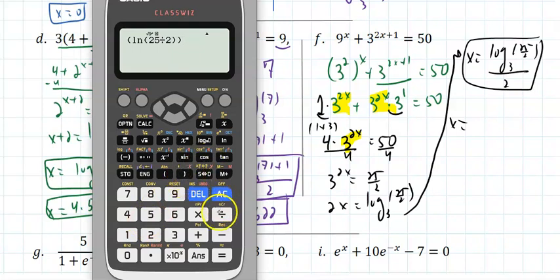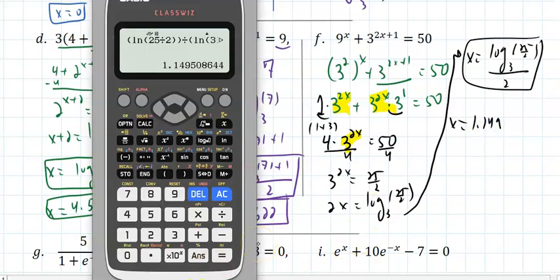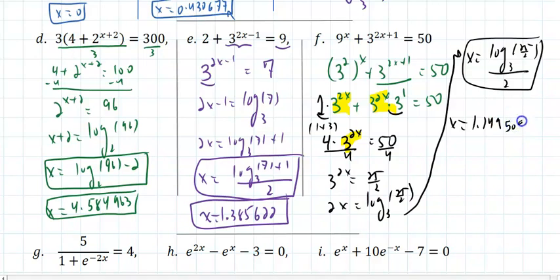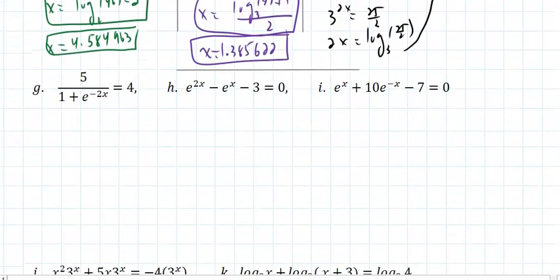That's okay, I'll add it at the end. Divided by natural log of 3 divided by 2. 1.149509. That's what you replace this x with, combine, you get a number very close to 50, most likely 50.0001.